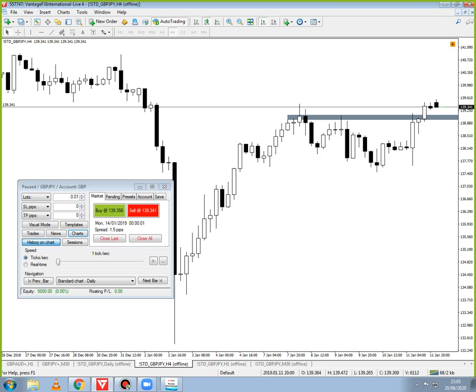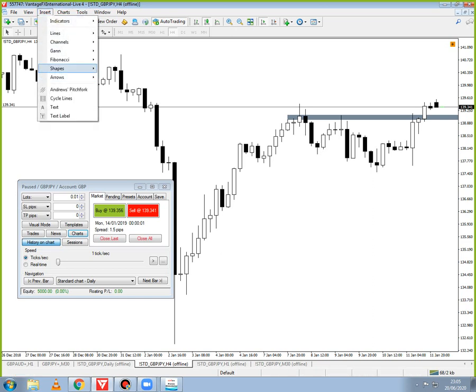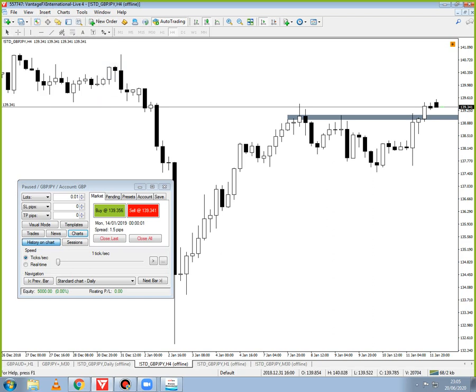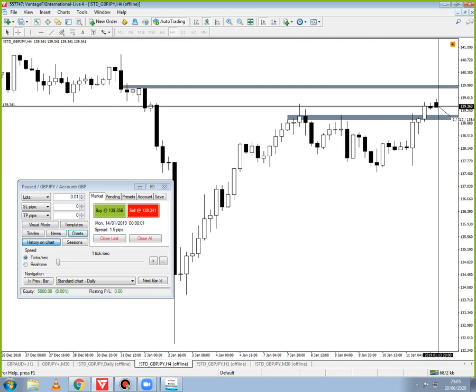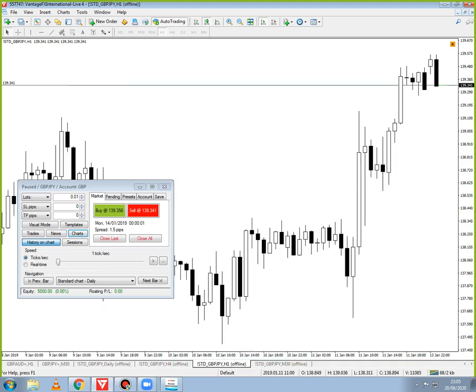So maybe the 4-hour might tap into this resistance up over here at say the 139.980 area. I'm thinking the 4-hour needs to do some sort of retest and then continue moving up if the trend is going to stay bullish.